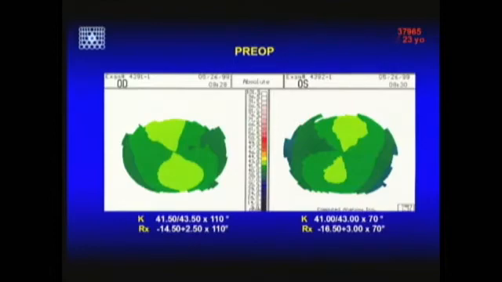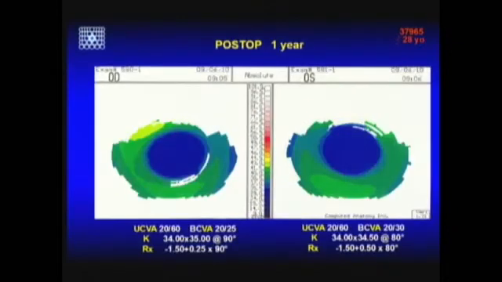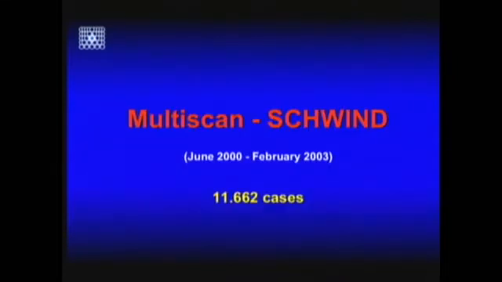Bad idea. But, for example, this one, 14 and a half and 16 and a half diopters of myopia and astigmatism. 1 year later, look at the deep ablation, central ablation. And, well, the patients 2060, 2030, after that degree, we thought that we were doing the best surgery.